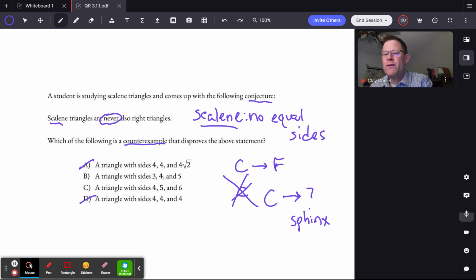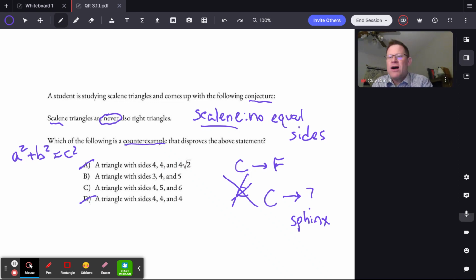You may recall that if we want to do that, we can use the Pythagorean theorem. A squared plus B squared equals C squared. We need our right answer to be a solution to the Pythagorean theorem. Now, you might also notice a shortcut.